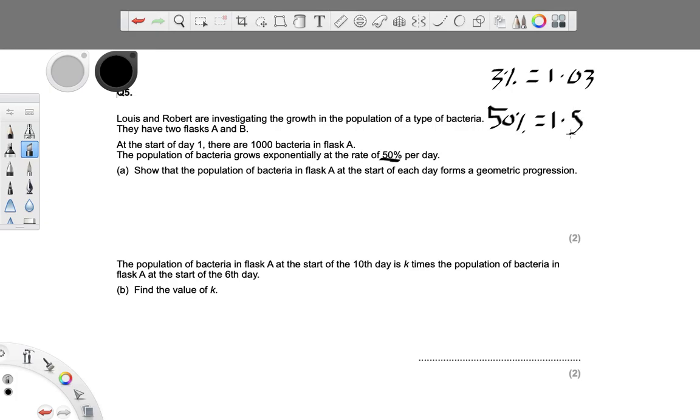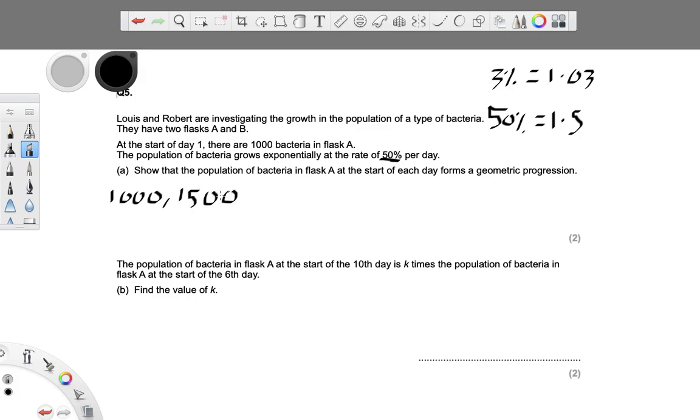Okay, so then the question says that at the start of day 1 there are 1,000 bacteria, so the first term will be 1,000. Then we take 1,000 and we times it by 1.5, and that will give us the second day, which is 1,500.